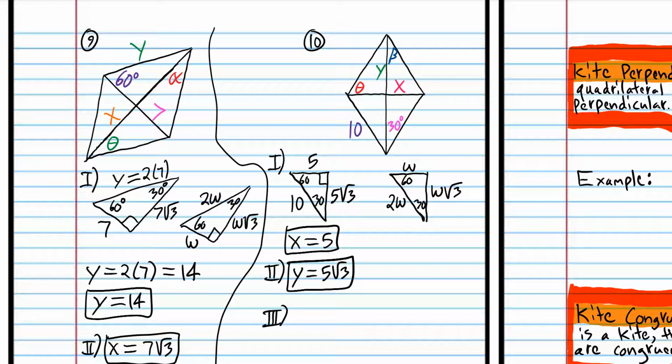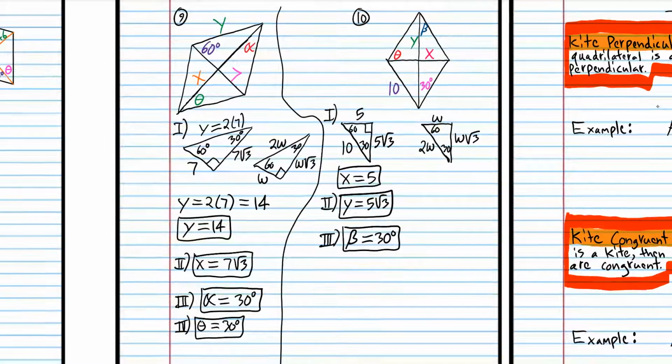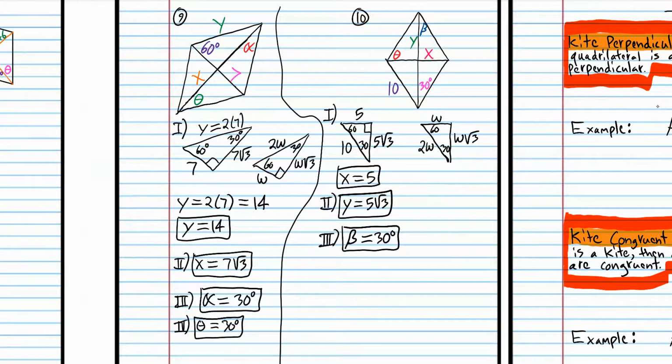And this angle is 30, so this angle must be 30. Again, I don't want to launch into a huge explanation of why that is, but you should be getting the hang of, or getting familiar with what these angles are. And again, these are all 30, 60, 90, so obviously this is the smaller of the angle. Every triangle is a 30, 60, 90. This angle is obviously the bigger of the two, so theta would be 60 degrees.